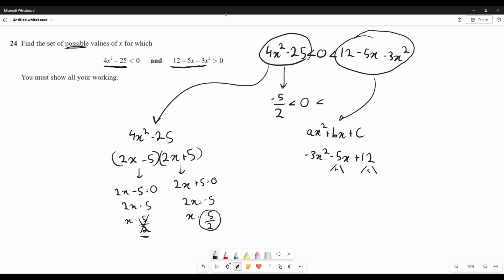So first of all, what we need to do is, instead of having a 12, because there's a number in front of the x squared, you have to times the 3 by the 12. So if we solve this, we need two numbers that add to make negative 5, and two numbers that times to make 36. So that would be 9 and 4. But if we do 9 plus 4, it would not equal minus 5.